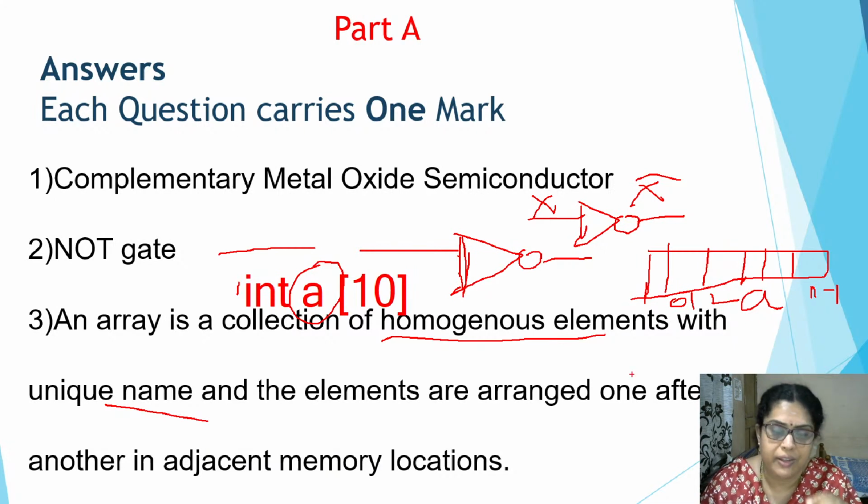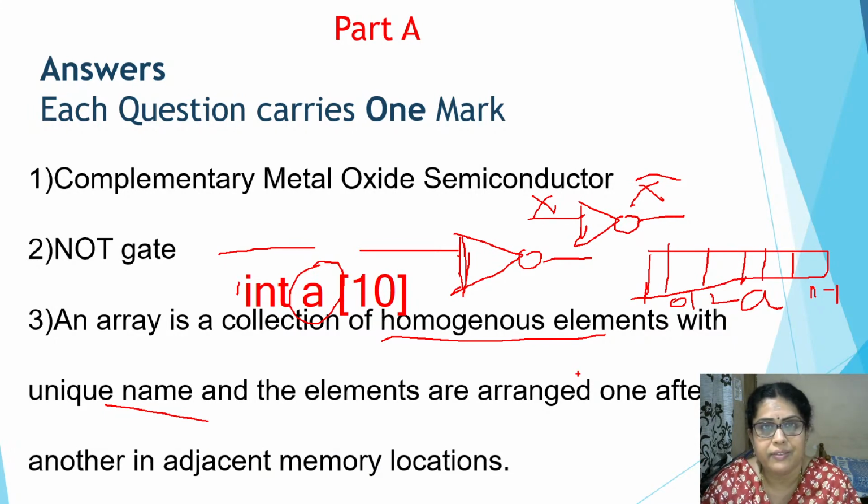So here, if the array has 10 elements, it ends at 10 minus 1, that is 9, because we start with subscript value 0. When you are asked a question like this, you should say an array is a collection of homogeneous elements with a unique name, and the elements are arranged one after another in adjacent memory locations.